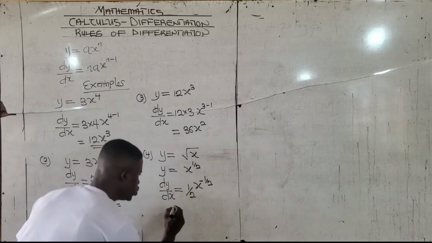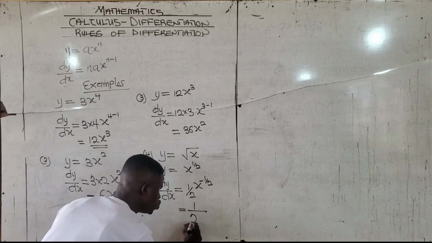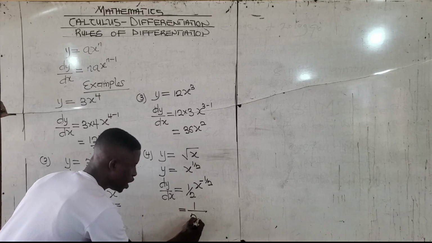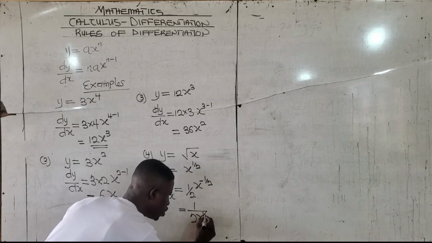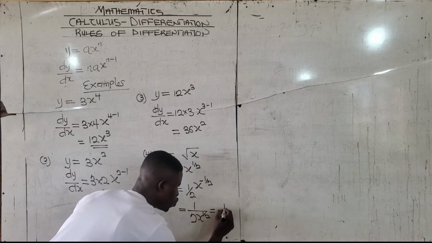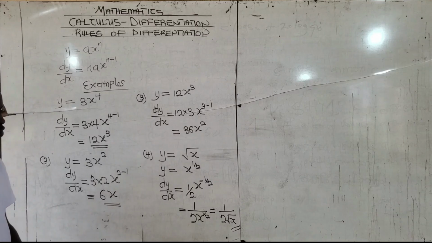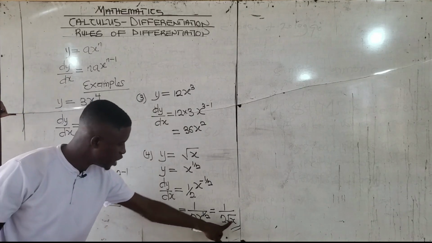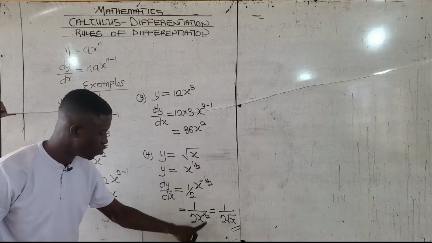So in effect, we are going to have 1 on 2, then the x moves to join the 2. So we are going to have x to the power positive 1 on 2, which is the same as 1 on 2 root x. Very simple. 2 root x, because x to the power 1 on 2 is the same as the root of x.